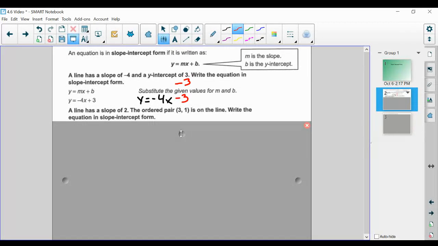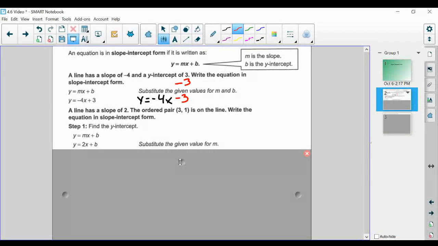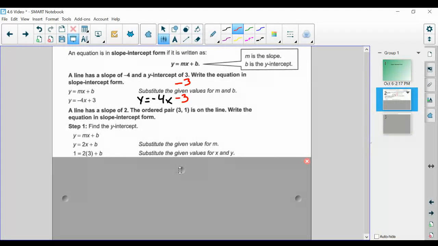In order for us to do that, we have to write out our equation, y equals mx plus b. And we're going to substitute in the value for m, which was our slope, which is 2. We're going to substitute in the given values of x and y. We get that from the ordered pair. Remember, the ordered pair is x comma y. So we substitute in 3 for x, 1 in for y, and then we're going to find the value of b by doing some algebra here.